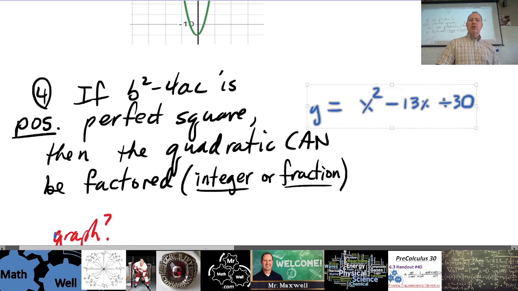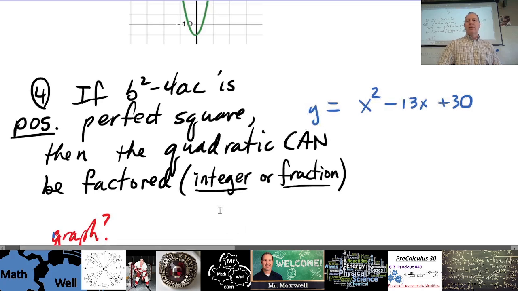So I put this one in. I don't normally talk about this, but if this is a perfect square, then you might want to factor this by sight or factor it another way. I mean, it doesn't matter. You've already done b squared minus 4ac. You already know what that number is, so you can continue on with the quadratic formula. But that means that it's going to be maybe easier to factor.